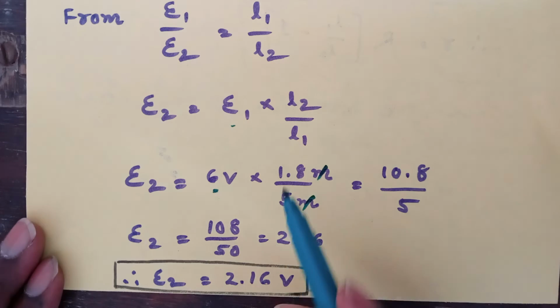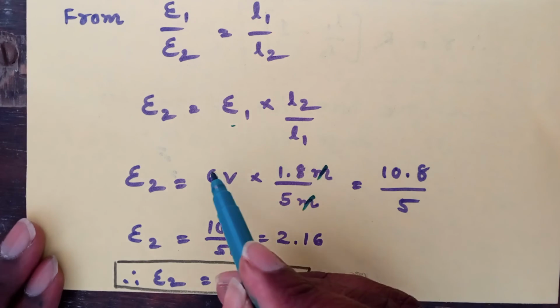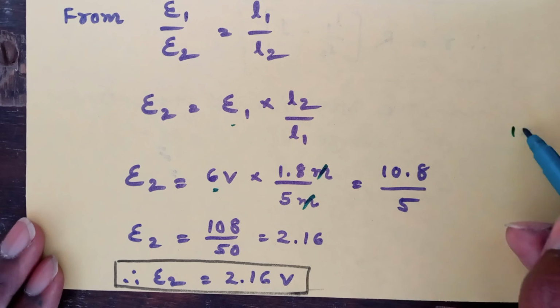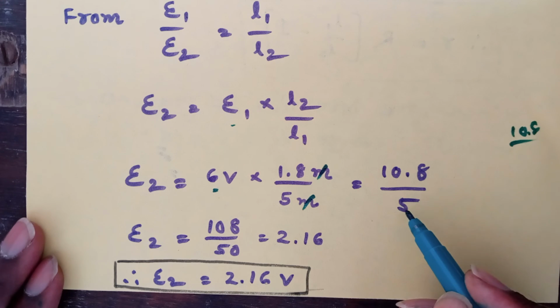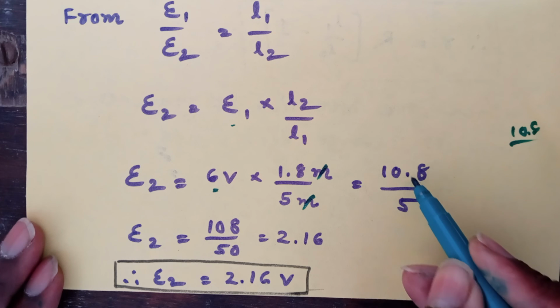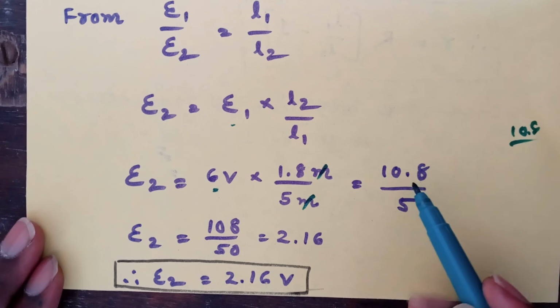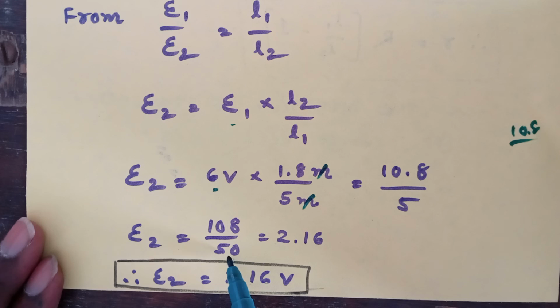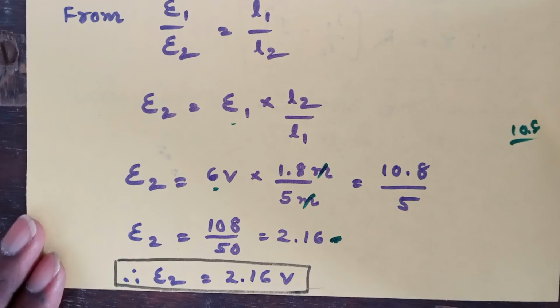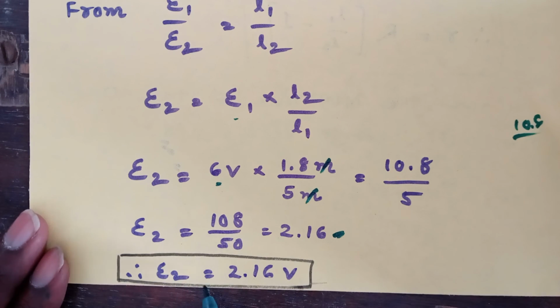Meter gets cancelled. 1.8 multiplied with 6: 18 times 6 is 108, with the point after 1 digit, so 10.8 divided by 5. Converting the decimal to fraction form, 108 divided by 50 gives 2.16. So the EMF of the second cell is 2.16 volts. Thank you.